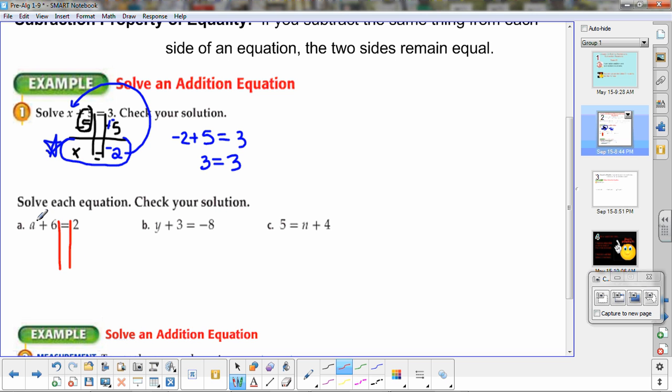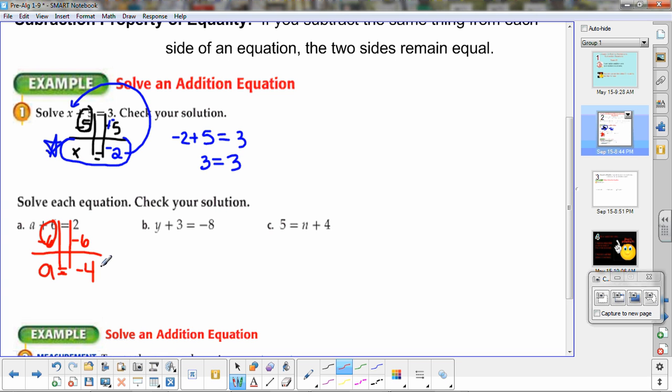In order to get a by itself, we're going to get rid of this plus 6 by subtracting 6. We're using the inverse operation. When I take away 6 from 6, I get 0, and a plus 0 is just a. And on the other side, 2 minus 6, that's going to be a negative 4.